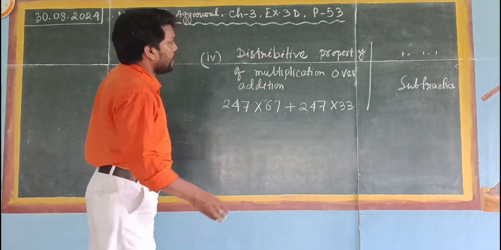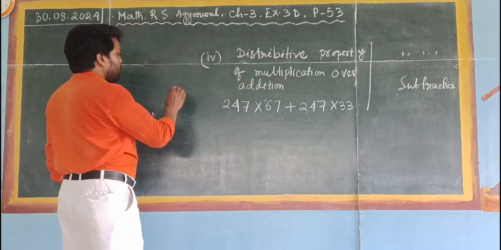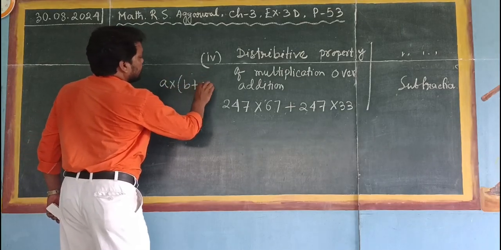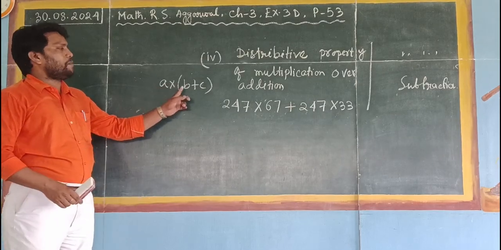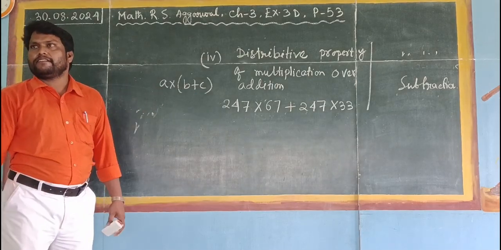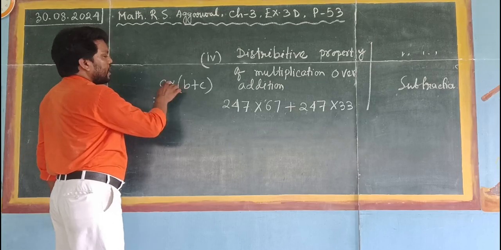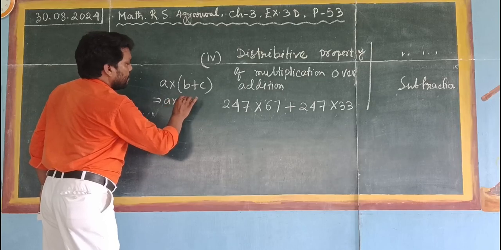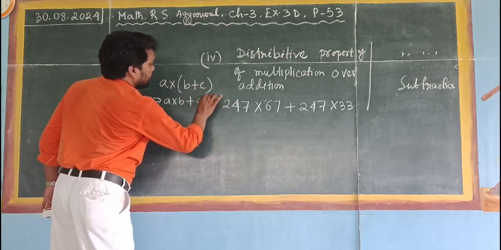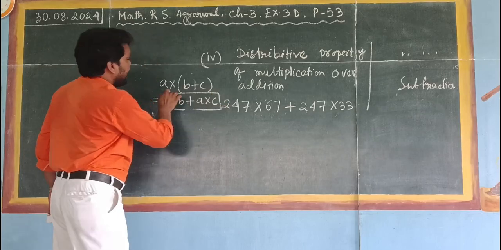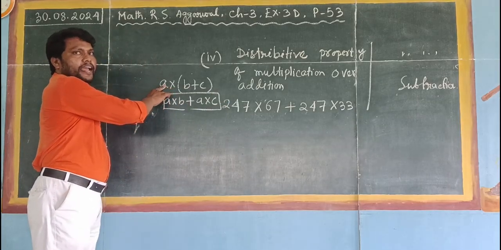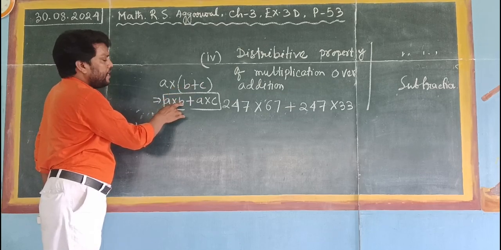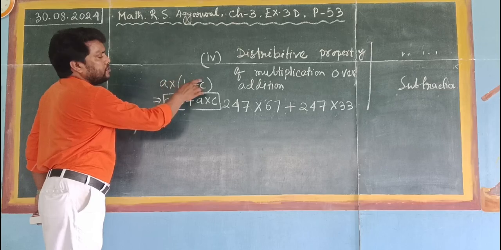I have written the common property A into bracket B plus C. What is the meaning? That means both are multiplied with A. So A into B plus A into C. From this condition, A is taken as common, and within the bracket B plus C. So A into B plus A into C.